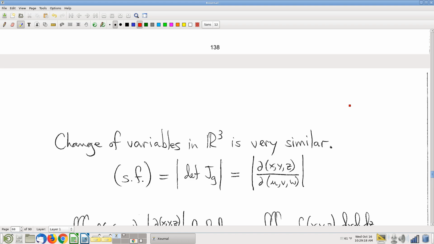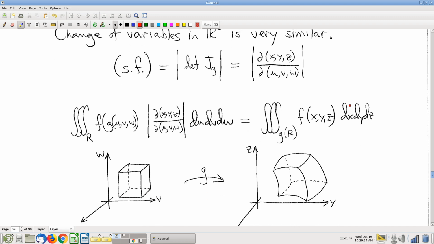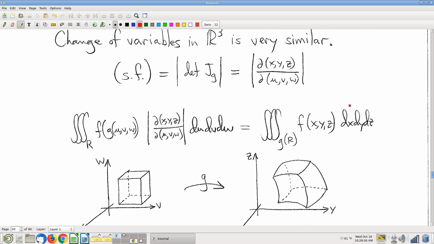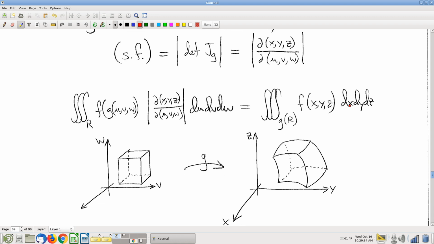Okay, what about 3 dimensions? Good news. It's exactly the same thing. It's really very, very similar. If you want to do change of variables in 3 dimensions, and by the way, you really, really might. For example, suppose that you have a domain that looks like this.